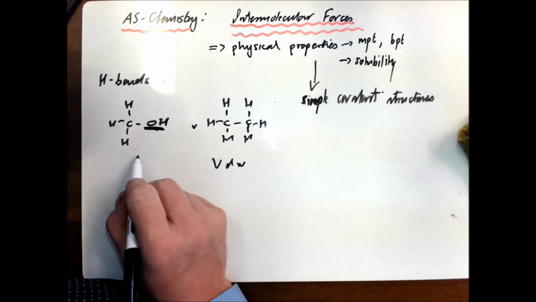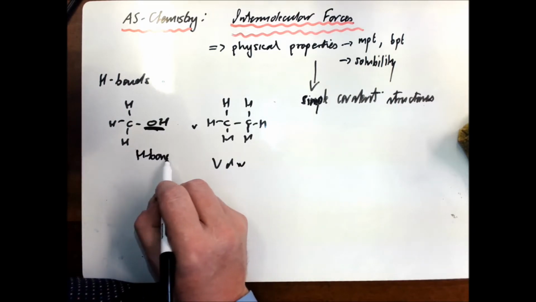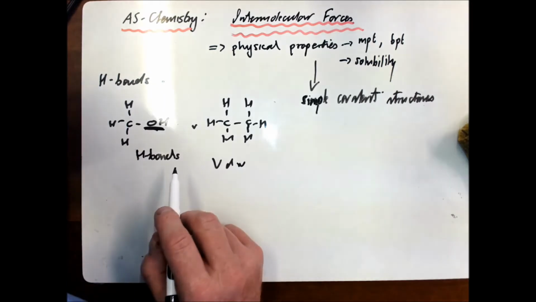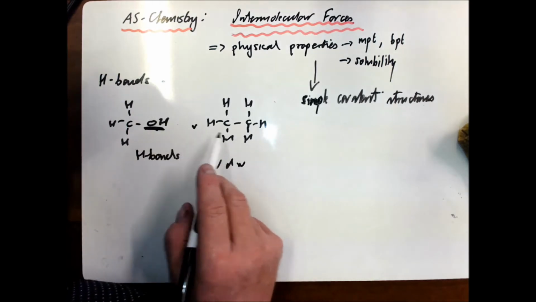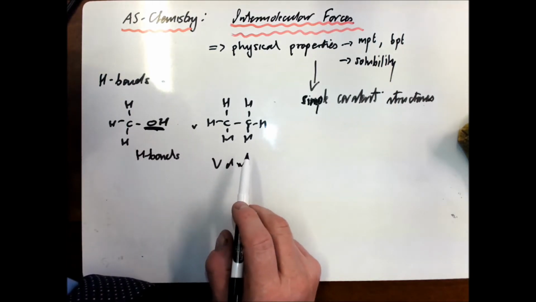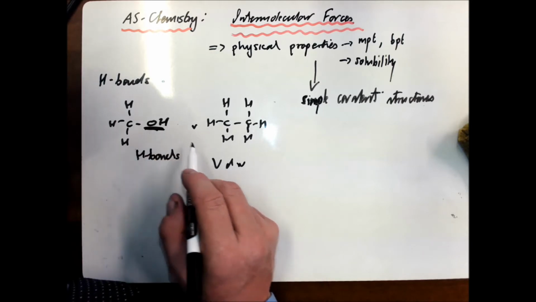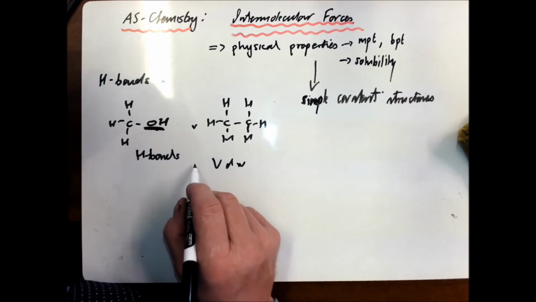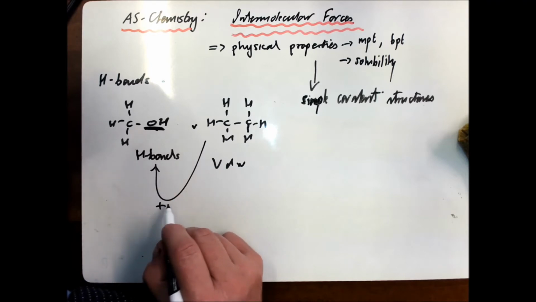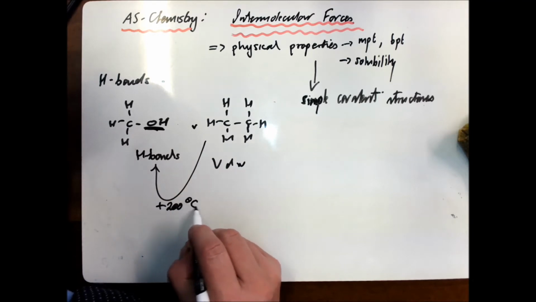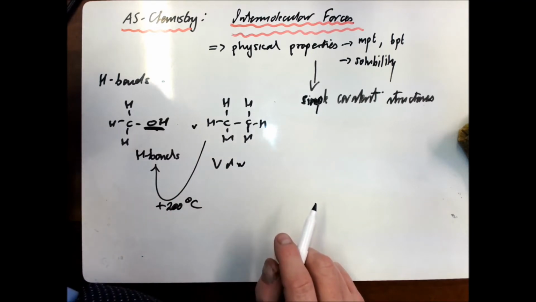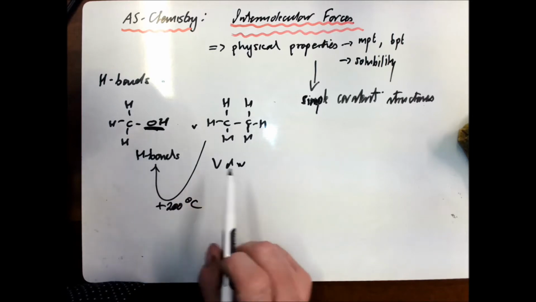Here we have an OH, this has hydrogen bonds. They have similar numbers of electrons. Okay, so we'd expect any van der Waals attractions to be similar, but the boiling point of these two is about 200 degrees of a difference. So it's a massive difference just by incorporating this little OH group.